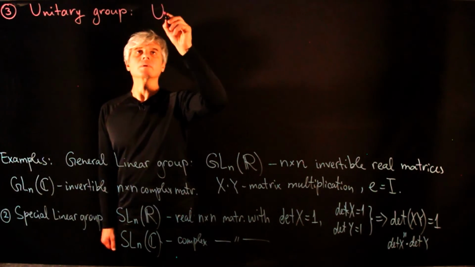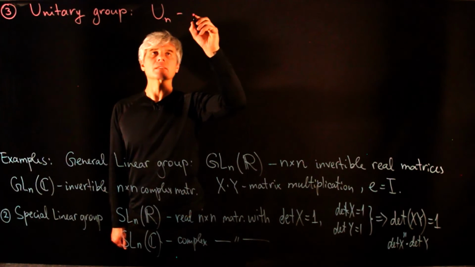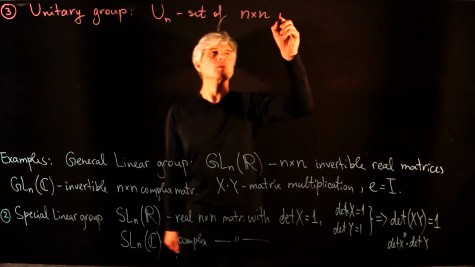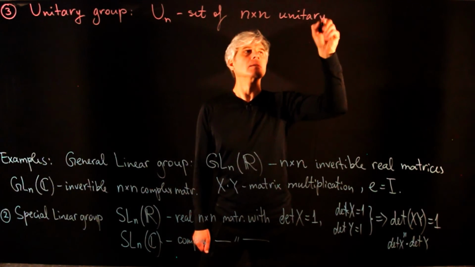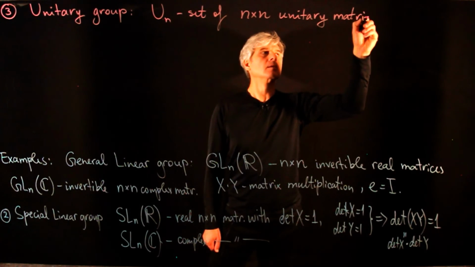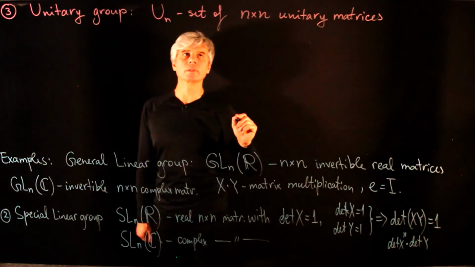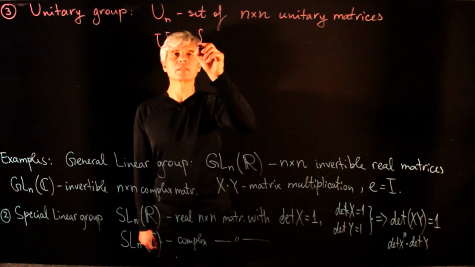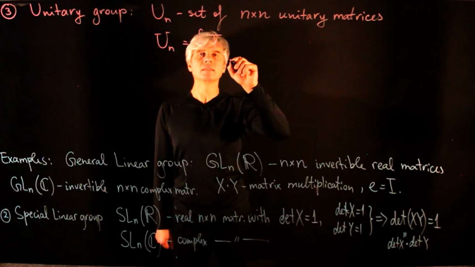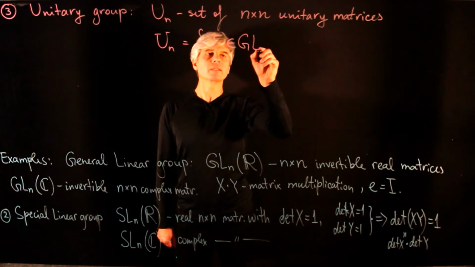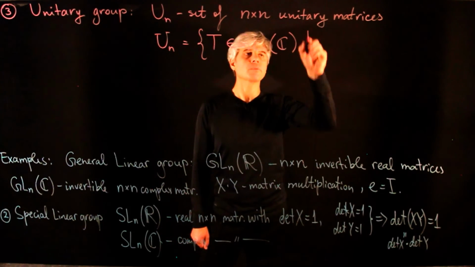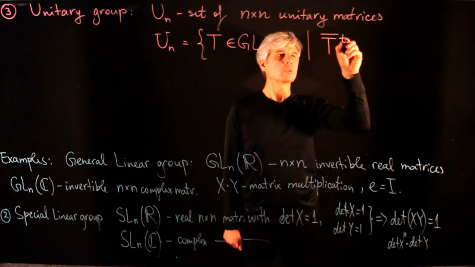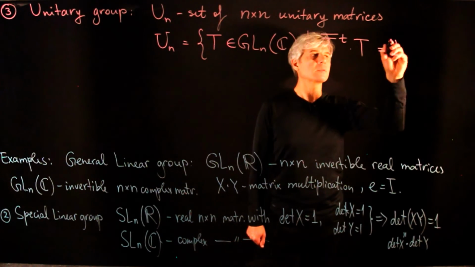UN is the set of n by n unitary matrices. So this means that UN is the set of matrices T in GLNC. So these are complex matrices with the property that T bar transpose times T is equal to the identity matrix.